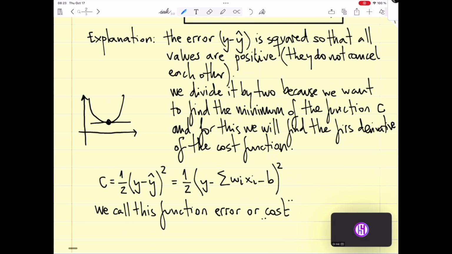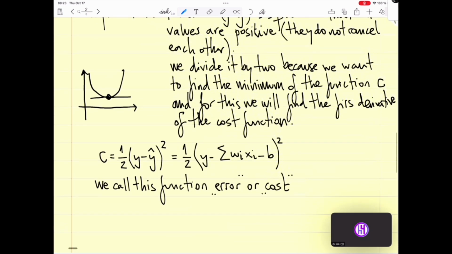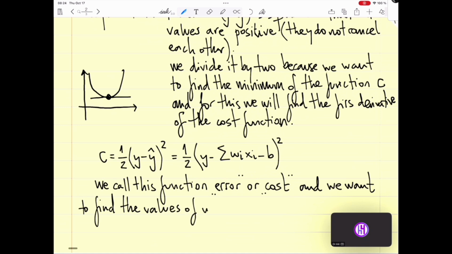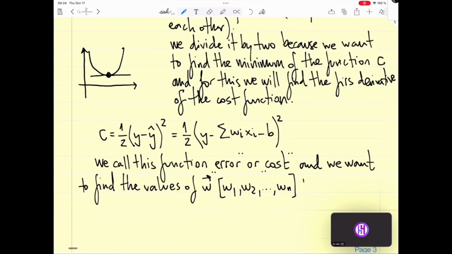That's why the C. And we want to find the values of w, which is w1, w2, wn, that minimize the cost.